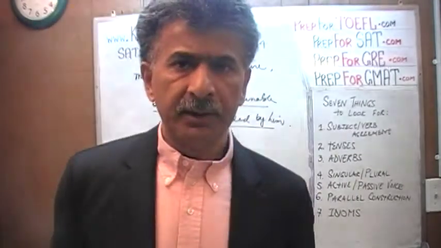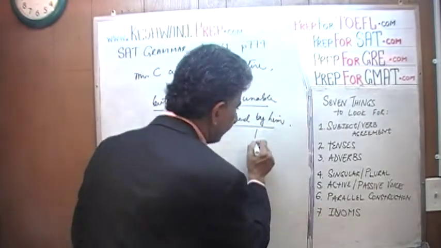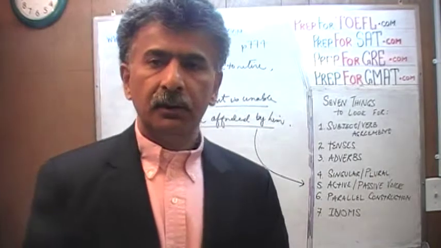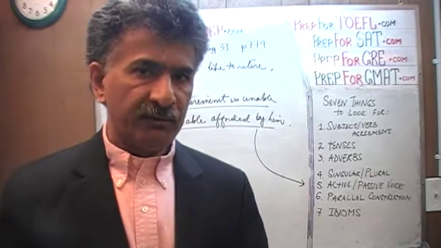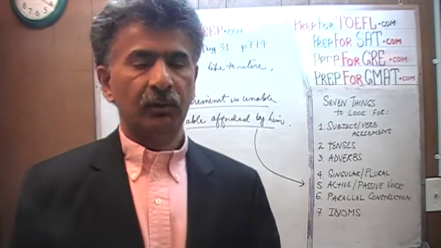As you can see there, it's bloody awkward. It's bloody awkward because it is written in what is known as passive voice. Good writing requires that you avoid passive voice as much as you can. Passive voice is only to be employed when it is absolutely necessary.